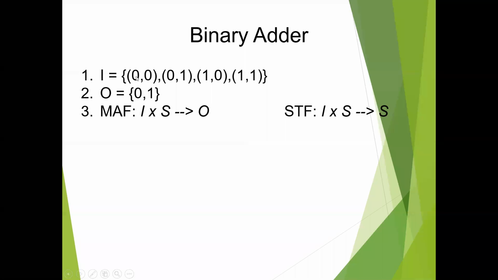Now here you know that binary adder will have this input from the input set I, and it will produce the output from the output set O. And the input and output set both you can see in front of your screen. And as I explained earlier, it has a MAF. So MAF matches your input and current state with the output.